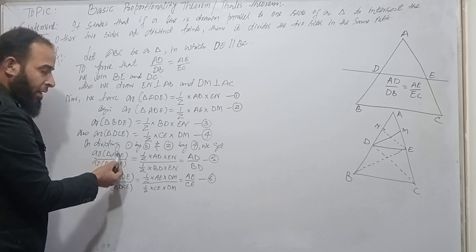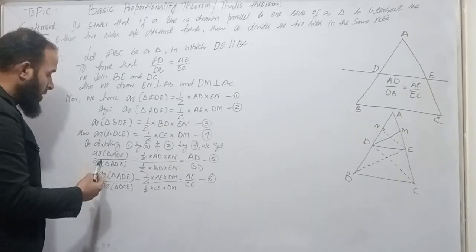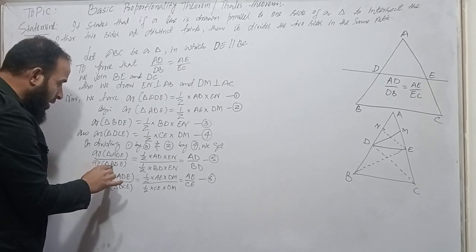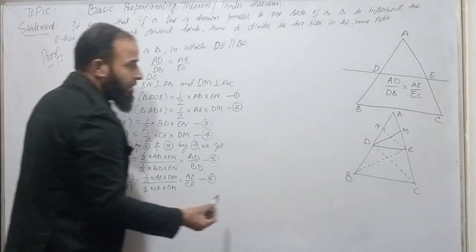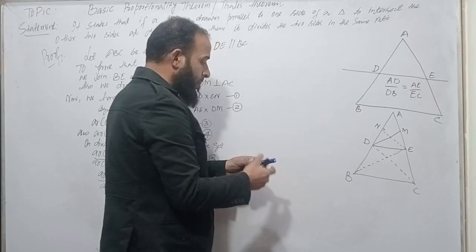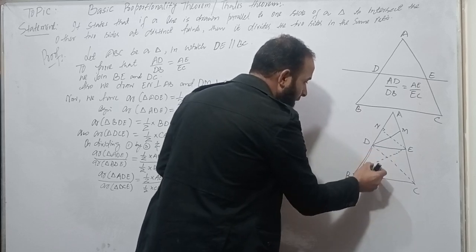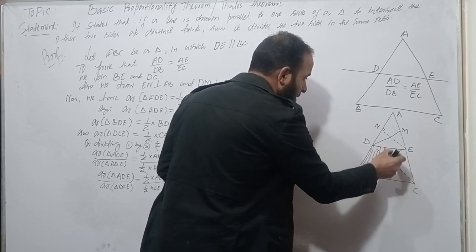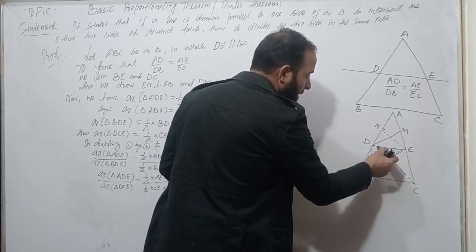Now see, equation 5th and equation 6th. We have area of triangle ADE, we have area of triangle ADE also. Now see, area of triangle BDE, this triangle, and area of triangle DCE, that is this triangle.